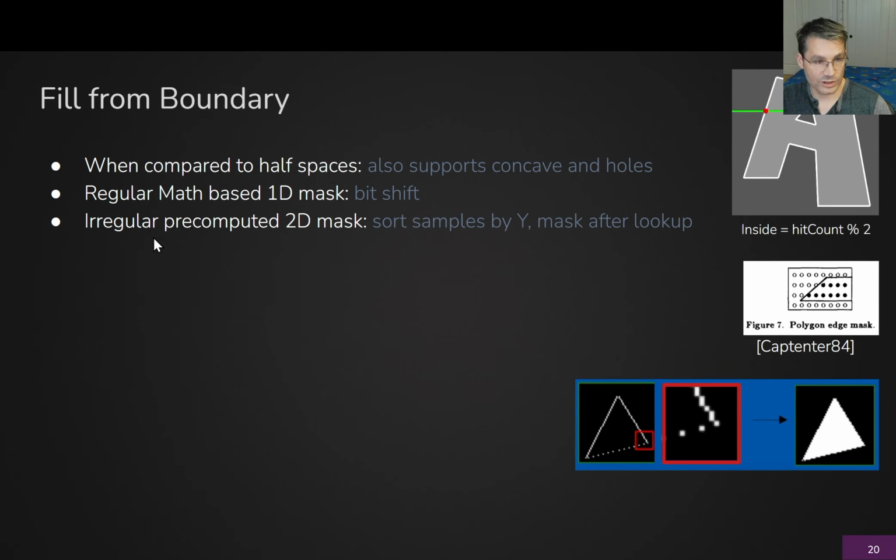But if you have an irregular sample distribution, then it's probably better to do a pre-computed mask. And in this case, you can still decide in which order your samples are stored. If you want to have this fill from boundary method, once you sort them by Y, for example, then you can mask out the bits that are below it and the bits that are above it. And then you're getting the answer for: give me all the bits that are on the right side of this edge.